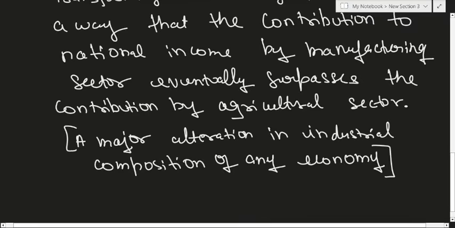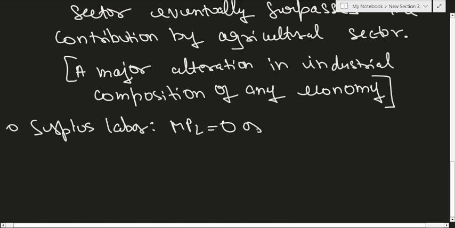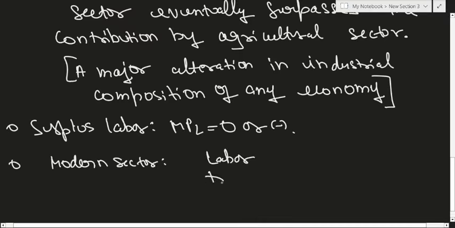Okay, and we also know surplus labor in the rural traditional sector is categorized by marginal productivity zero or negative. Now in the modern sector, the output expansion is by labor transfer and employment creation.